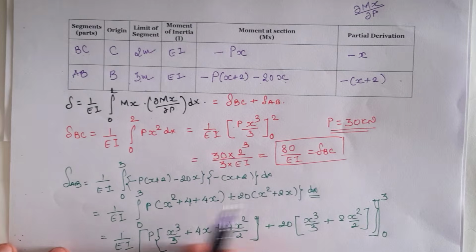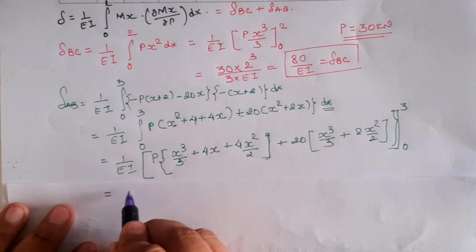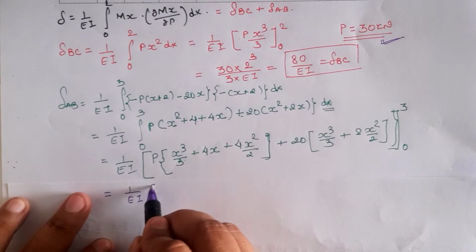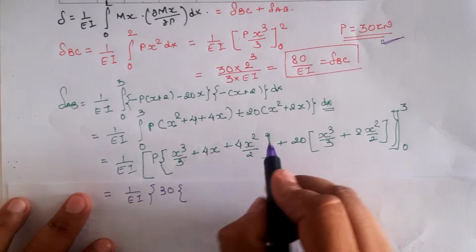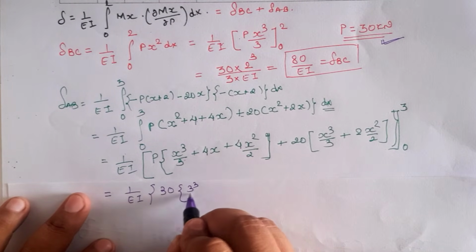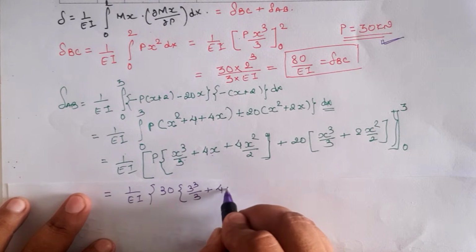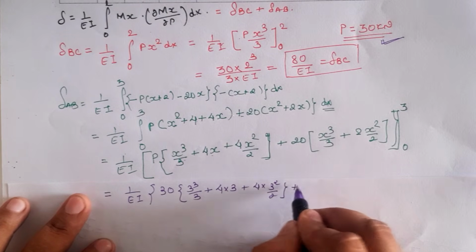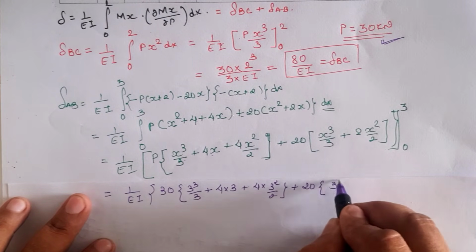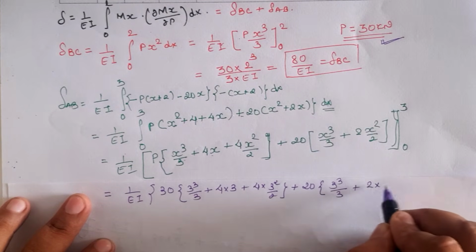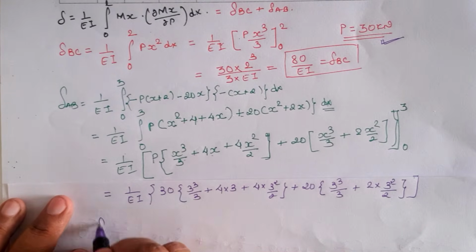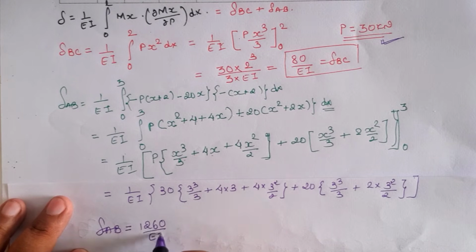Now let us apply the limits. We will have 1 by EI, P value as 30 kilonewton, so 30 multiplied by the limit 3, so 3 cube by 3 plus 4 into 3 square by 2, plus 20 into 3 cube by 3 plus 2 into 3 square by 2. Now solving the entire terms, we will have delta AB equal to 1260 by EI.